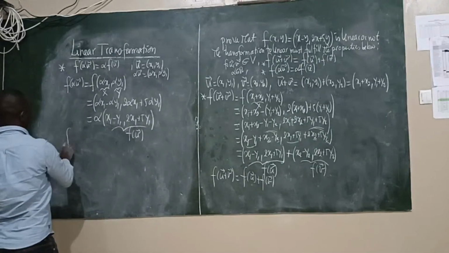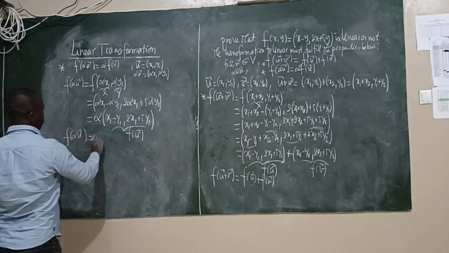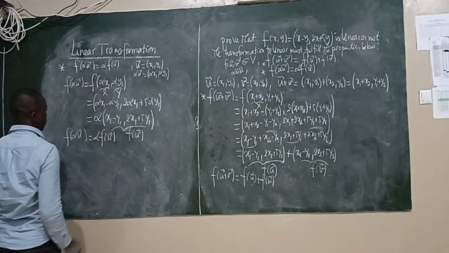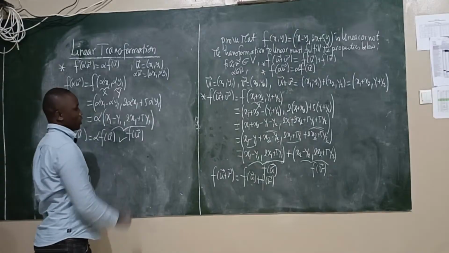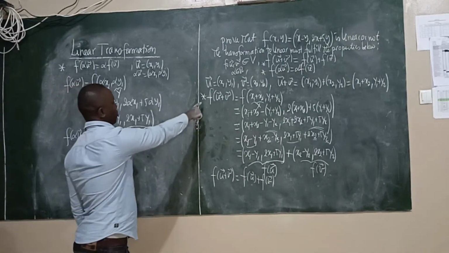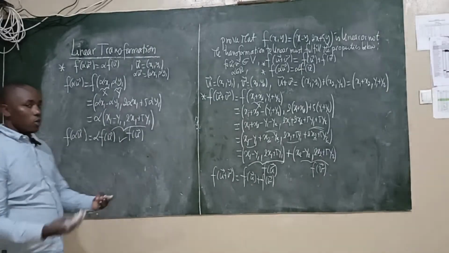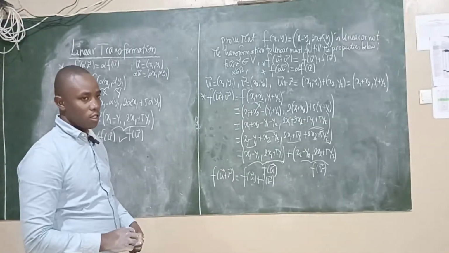Thus, f of alpha u is equal to alpha times f of u. Because the two properties, property 1 here and property 2 here, are verified, we conclude that the given transformation is linear.